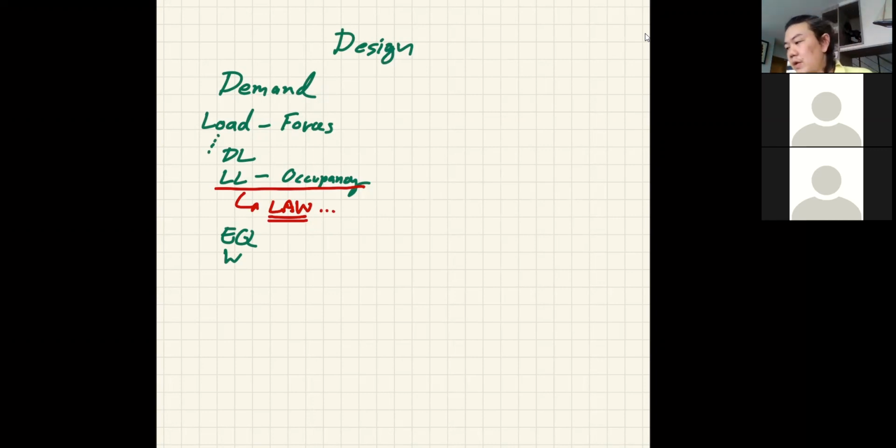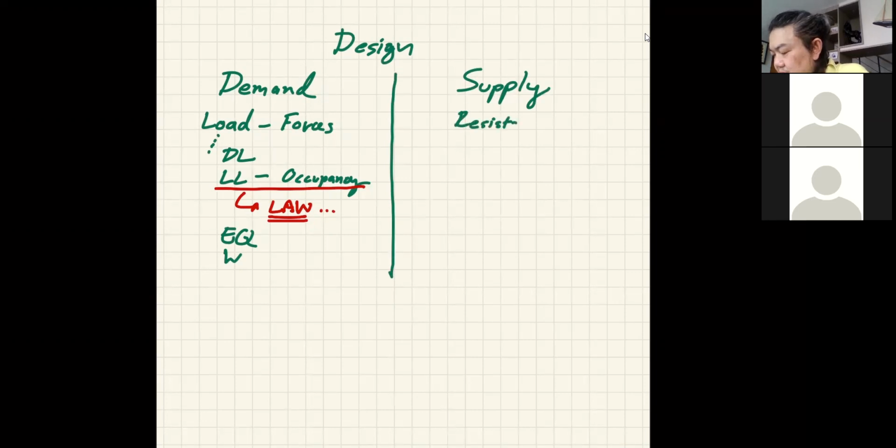Okay, so once you know the load, you analyze how much the forces your structure have to carry, and then you make sure that the demand is met by the supply. Okay, and supply here, you can say it's a resistance. We are going to predict how much our structure is going to be able to resist.